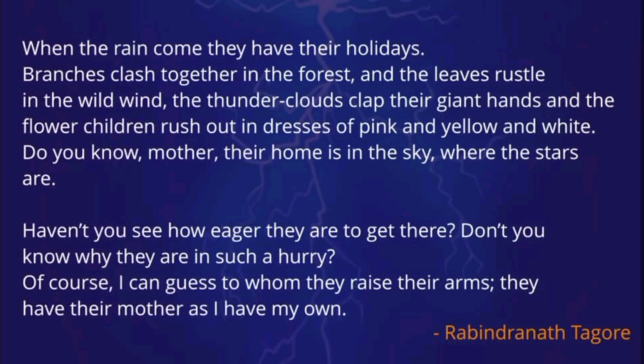They do so because their mother is in the sky, exactly like the poet's mother, who also became a star in the sky after her death. So this beautiful, imaginative and emotional poetry is written by Rabindranath Tagore.